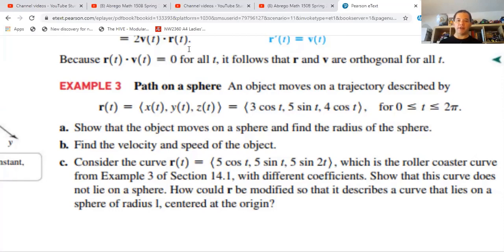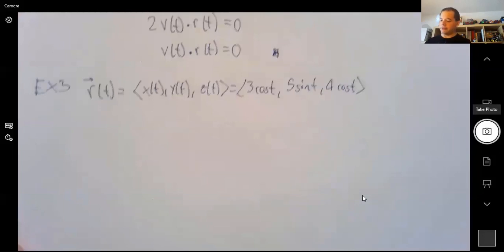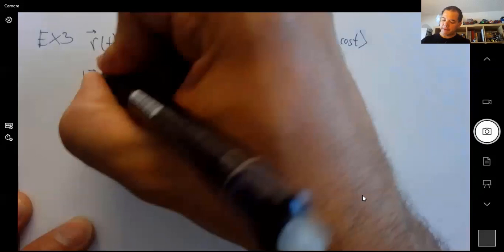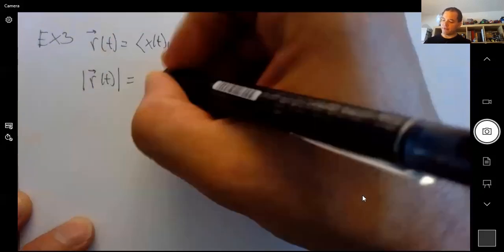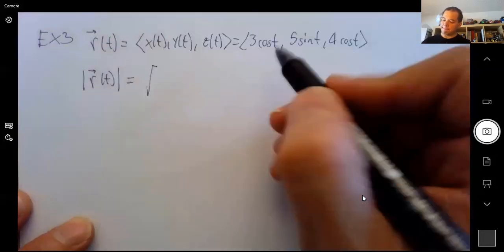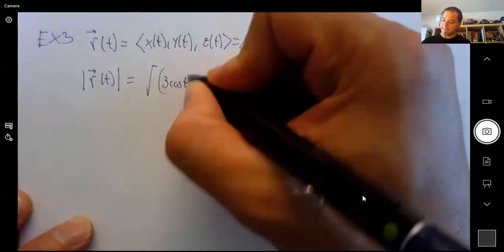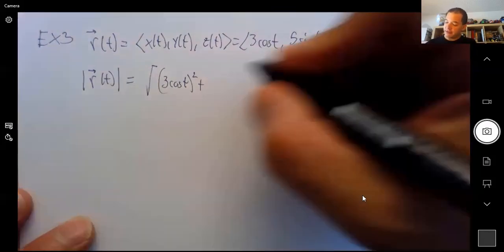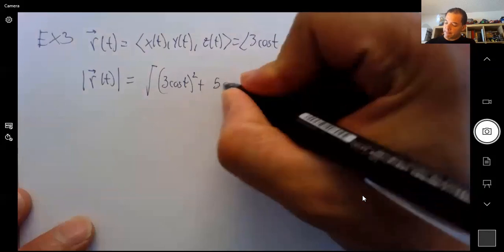And we want to find out its magnitude. So let's do it. What is the magnitude? This will be the square root of this number square. Remember, we're doing the magnitude of just the original vector function, not the derivative. We're not doing the derivative or anything here. Just the original one.